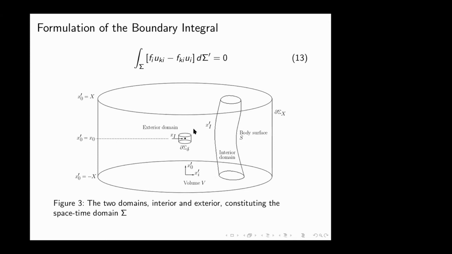And we can consider the domain consisting of 2 parts, the domain exterior and the domain interior as well. And it's important to use both of them together because certain terms cancel each other out in the analysis later on.